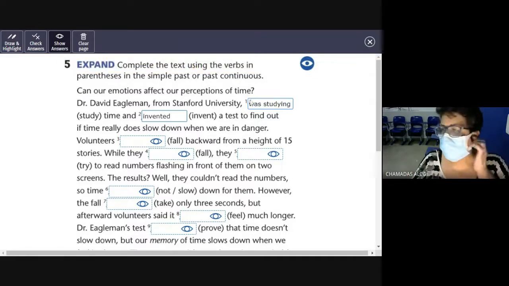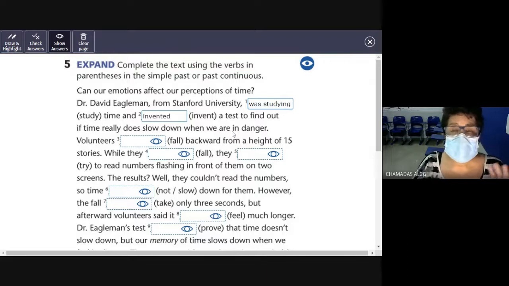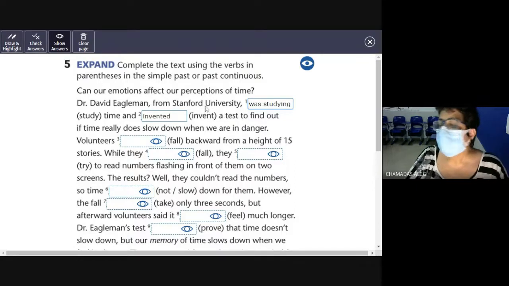That's the idea, okay? But of course, it would not be wrong to say he studied time and invented a test. That would not be wrong, okay? But here, the idea is to show that while he was studying, he invented a test. Okay, guys? That's the idea.